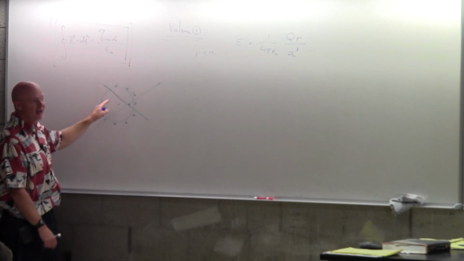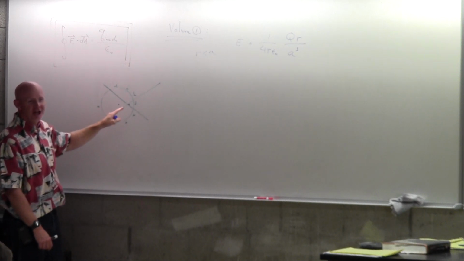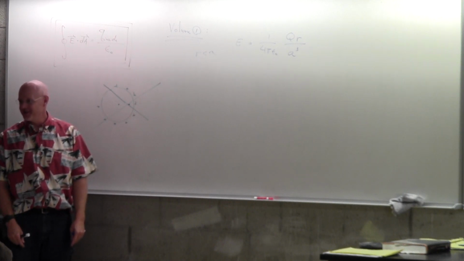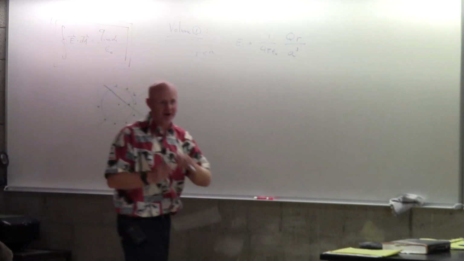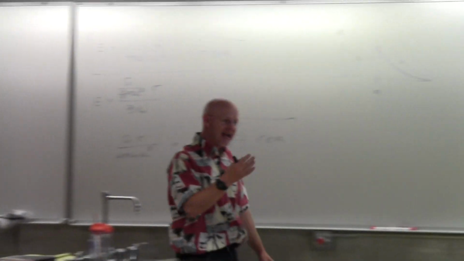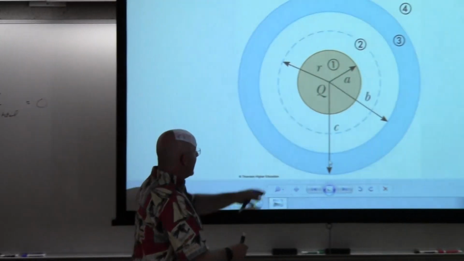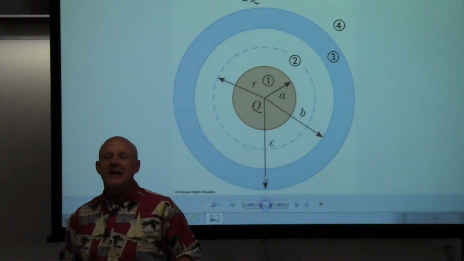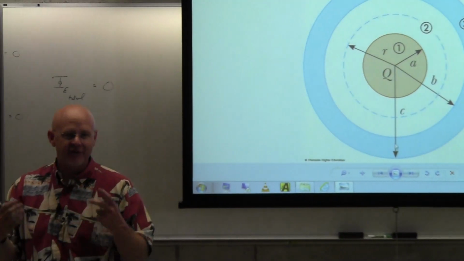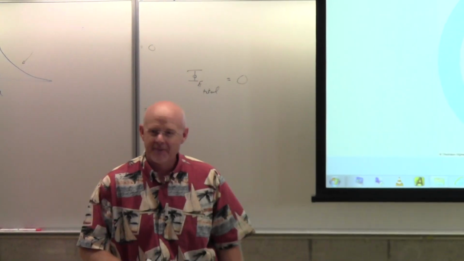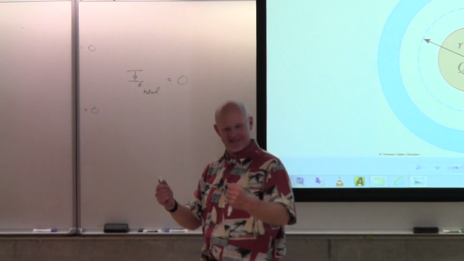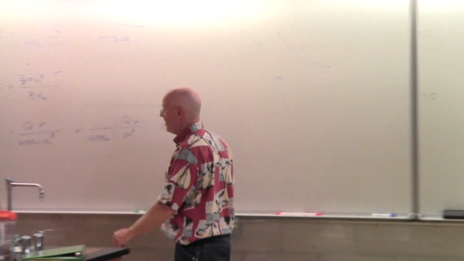And so anywhere inside this shell, amazingly the electric field is going to cancel off. So not a surprise that the equation I got for inside the ball, even though I added a shell, even though that's giving me a bunch of electric field inside of the ball, the electric field from the shell is canceling off. And that's why it came out to be the same thing. And it looked like it was going to be hard. Yay! How about outside the ball?